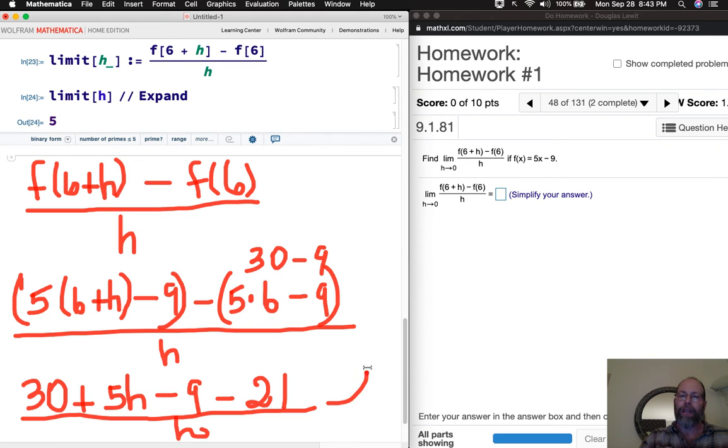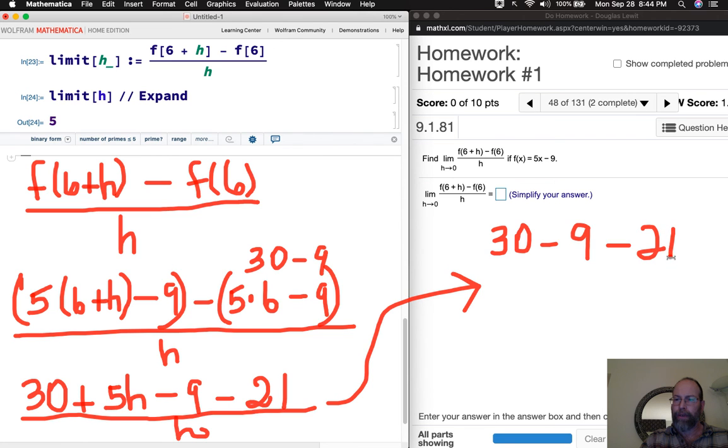Okay, so let's draw the arrow over here. We have 30 minus 9 minus 21. 30 minus 9 is 21, and 21 minus 21 is 0.